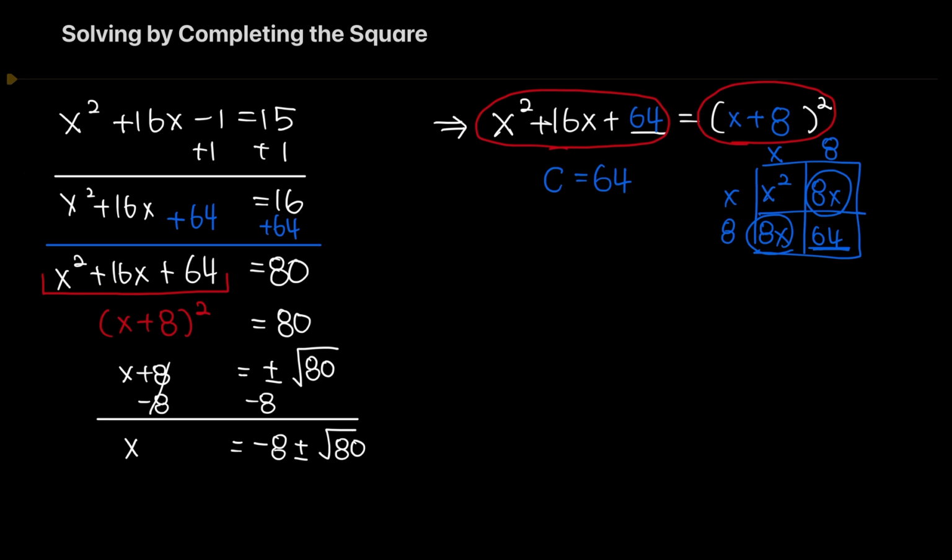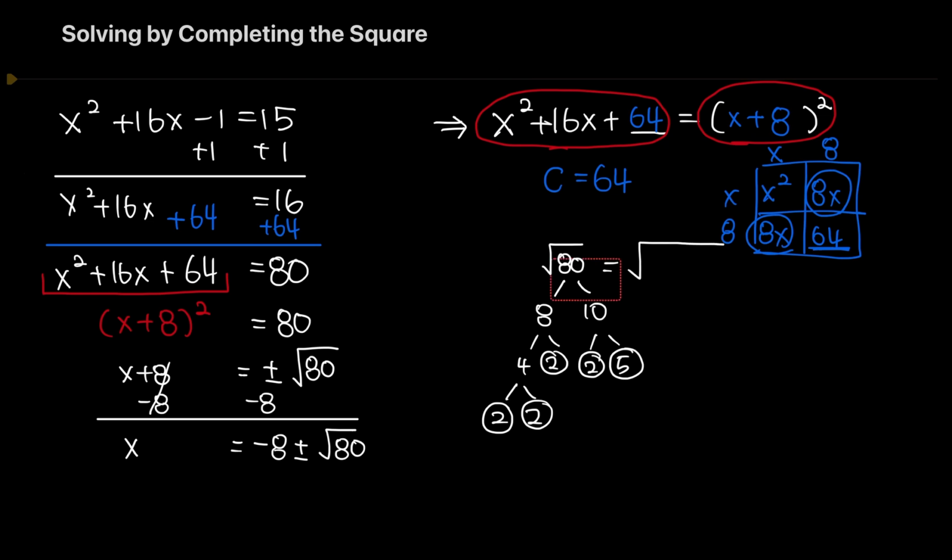But you're not done here. You've got to simplify the square root of 80. On the side, I'm going to review how to simplify the square root of 80. It can be split into 8 and 10. 8 is 4 and 2, and 10 gives you 2 and 5. So we have four 2's and the 5.